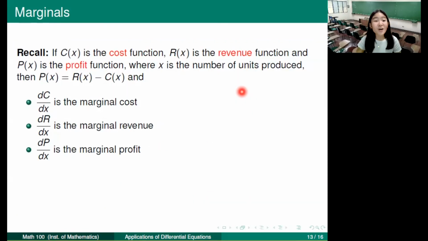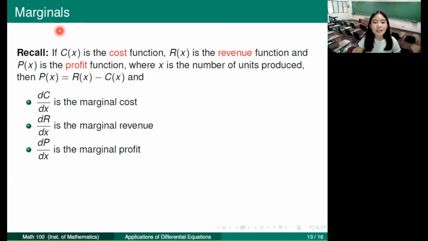That's it. Okay, so we are down to the last type of application ng differential equations natin. And in fact, yun lamang ay ang ating marginals, no? So mga money matters, okay? Nakita na natin din ito before dun sa applications ng mga derivatives. So recall lang natin sila once more ulit para sa lesson na ito.